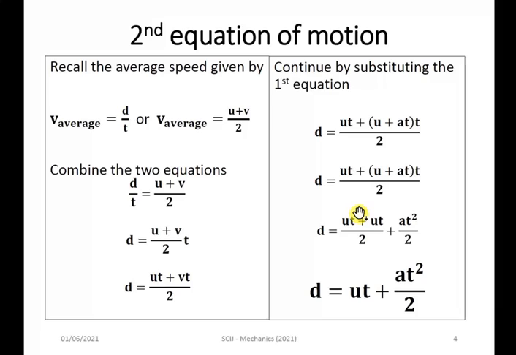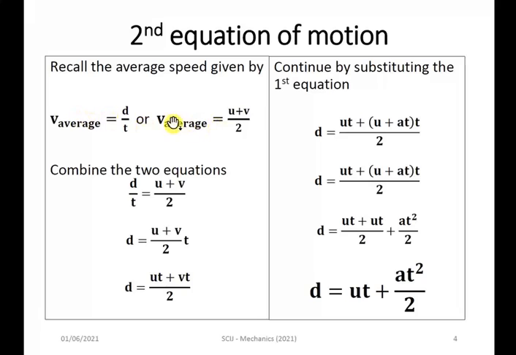The second equation of motion, you may have to cast your mind back to the video lecture on describing motion. There was one point we said the average velocity can be defined as the total distance covered divided by the time taken. Or alternatively, it can be estimated by summing the initial velocity and the final velocity and dividing by 2.